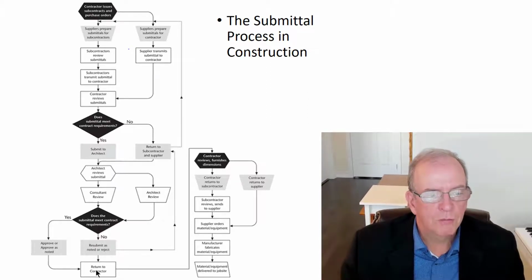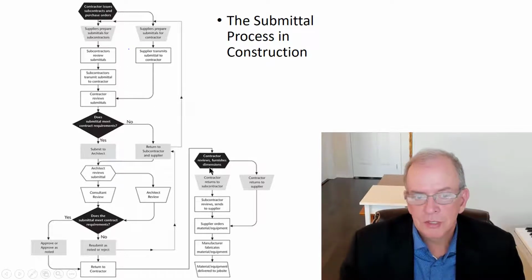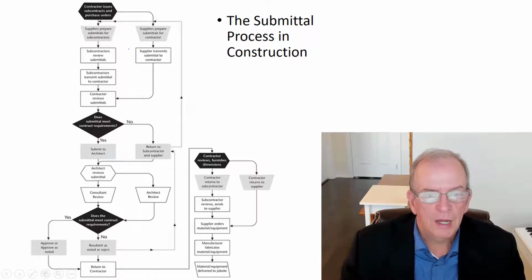So they approve it, return to the contractor. Contractor reviews, furnishes, dimensions; provides the dimensions is another way of saying that. Contractor returns to the subcontractor, who reviews and sends to the supplier. Supplier orders the material and equipment. So now you've really got the material and equipment being ordered. Manufacturer fabricates.